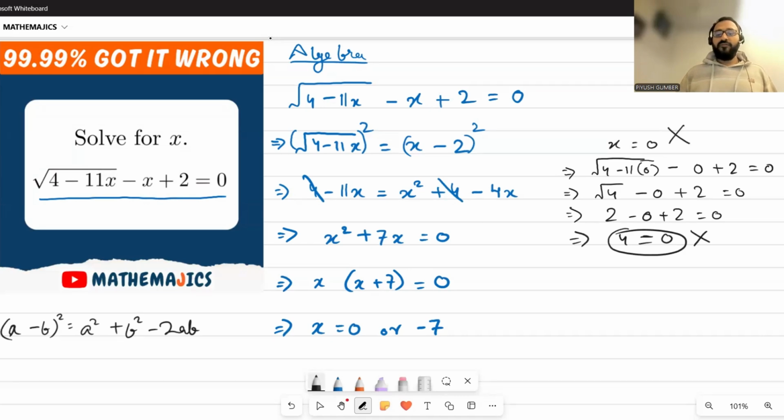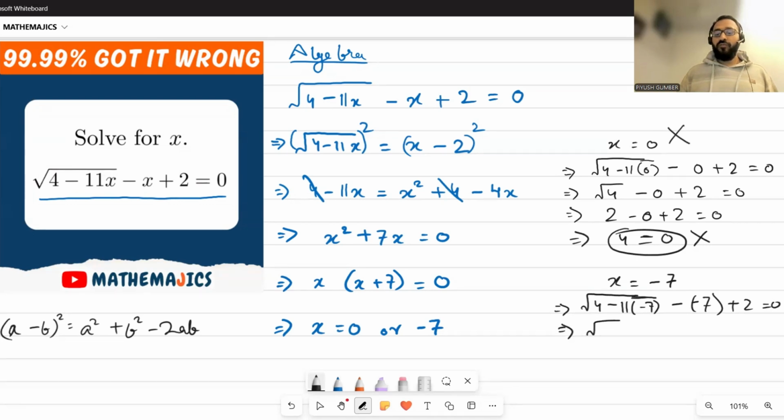Now, similarly, we can check for x equals negative 7. Let's substitute x equals negative 7 in the equation. This will give us square root of 4 minus 11 times negative 7, minus negative 7 plus 2 equals 0. If we solve this, what will we get?